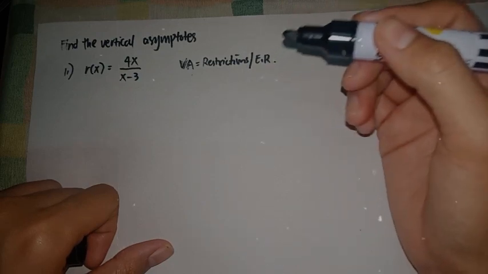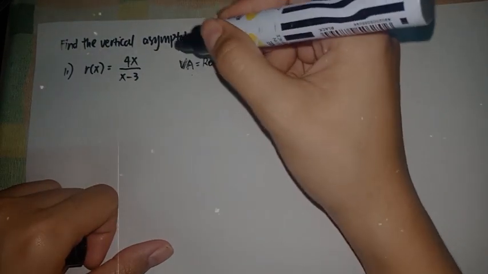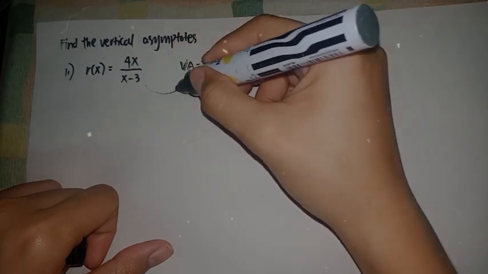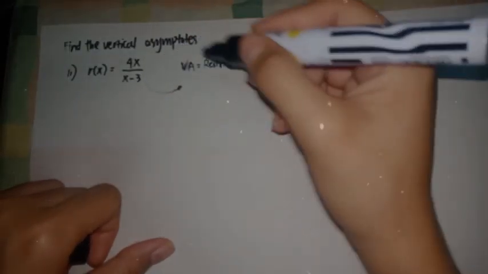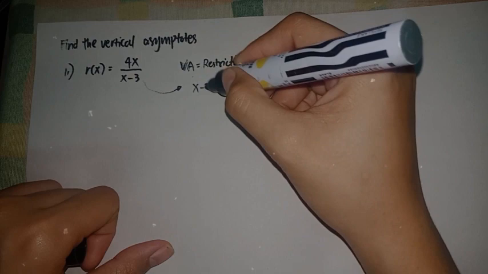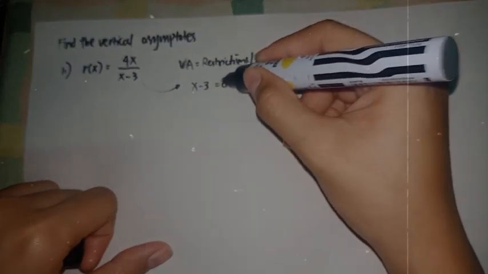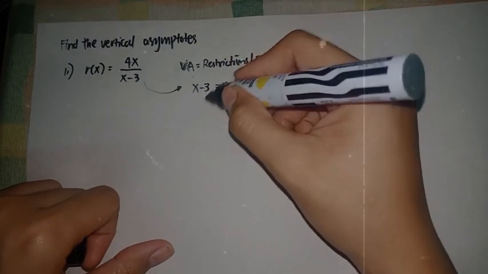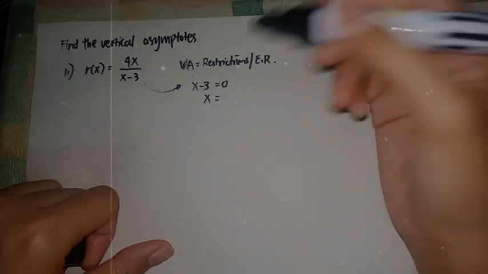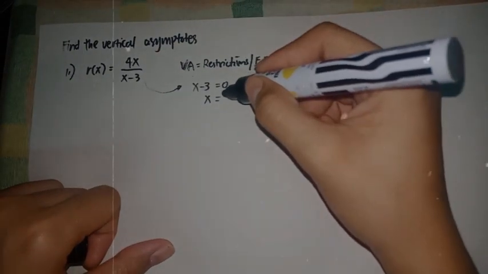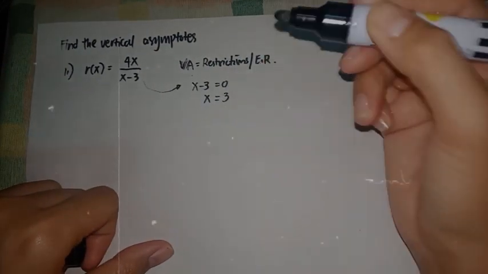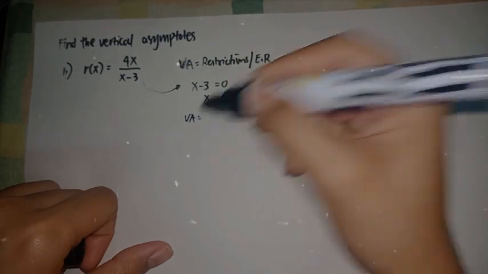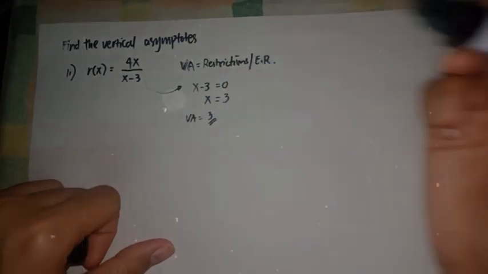Our vertical asymptotes will come from our denominator. So let's take up the denominator, x minus 3, equate it to 0, then solve for the value of x. So our extraneous root is positive 3. So meaning to say, our vertical asymptote is equal to 3.